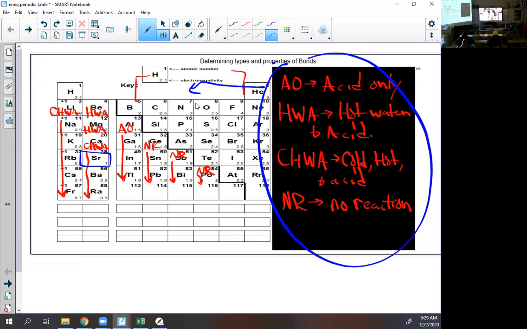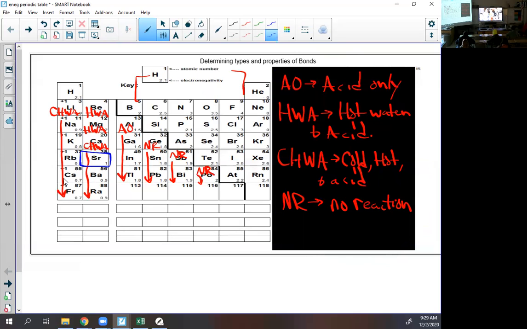Okay, so let me explain what we're looking at. This is the stuff that'll help you on the test that we learned in yesterday's lab when we added hot water, cold water, and acid, and these metals. So in lithium, in that box, put a small little CHWA. And then you have two options.